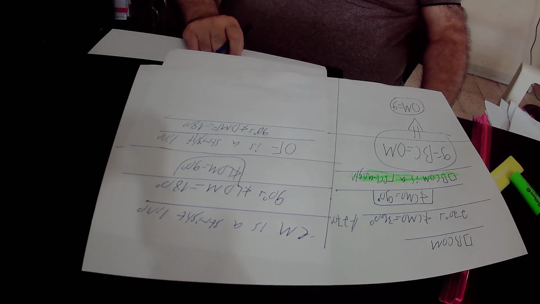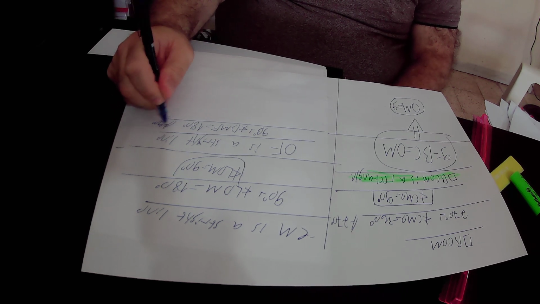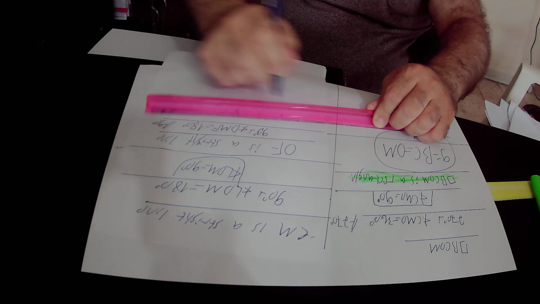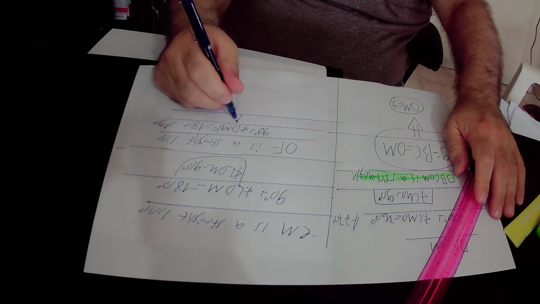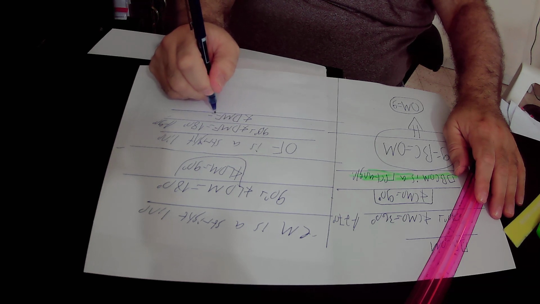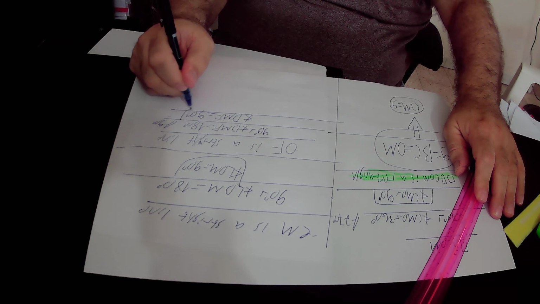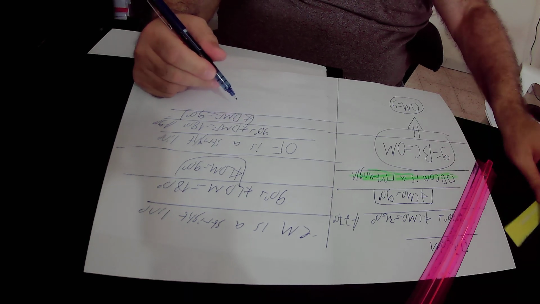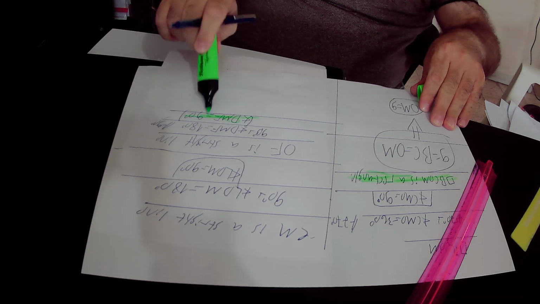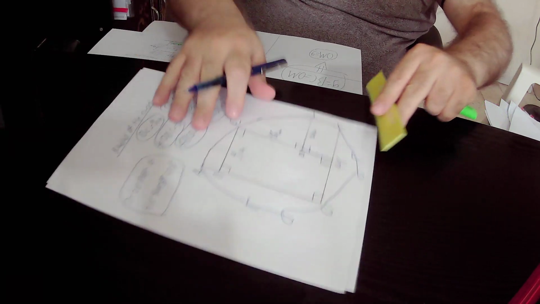So we subtract 90 degrees from this equation and we get that the missing angle DMF is equal to 180 degrees minus 90 degrees, it is equal to 90 degrees. So angle DMF equals 90 degrees.